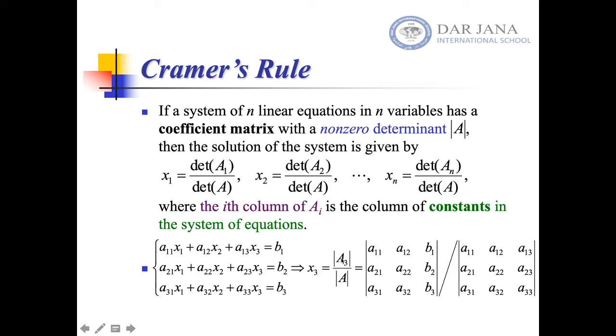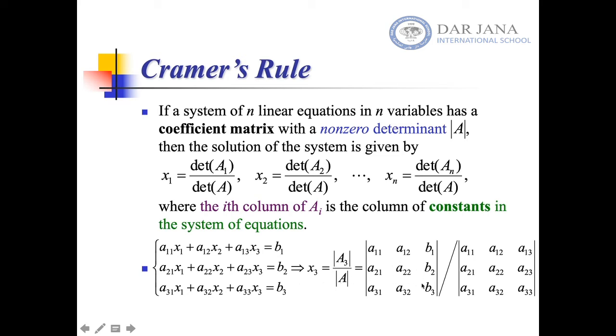To find x3, we take A3. What do I mean by A3? We take the coefficient matrix. See, this is the coefficient matrix: A11, A12, A13, A21, A22, A23, A31, A32, A33.